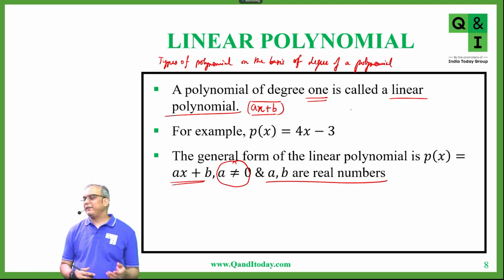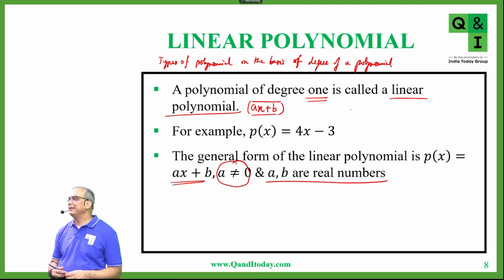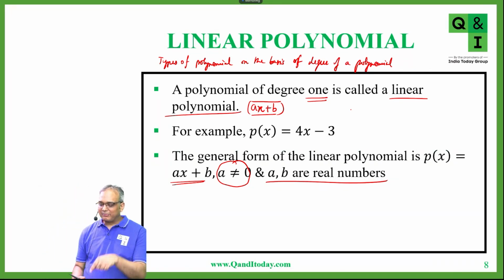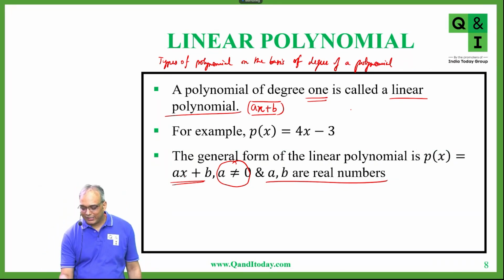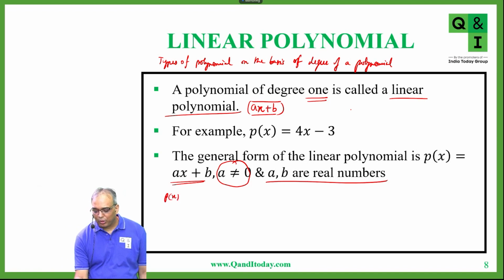What will happen if a is 0? Yes, sir. If a is 0, that whole equation will be 0. No, not the whole equation, but that term will become 0. For example, if a is 0, the polynomial ax plus b would be written as 0 times x plus b, which is equal to 0 plus b, or only b.